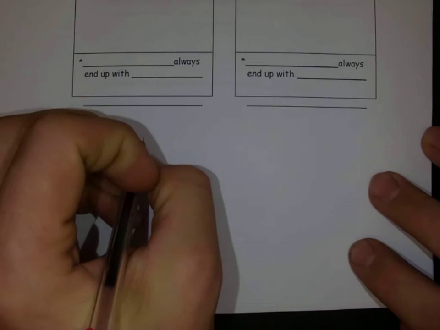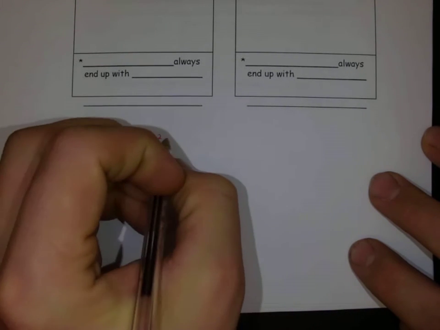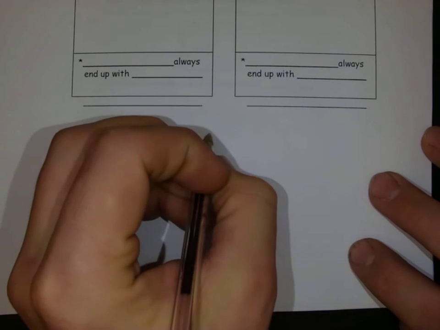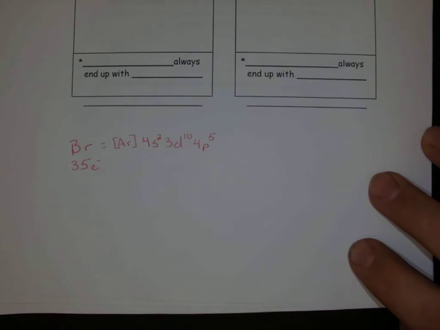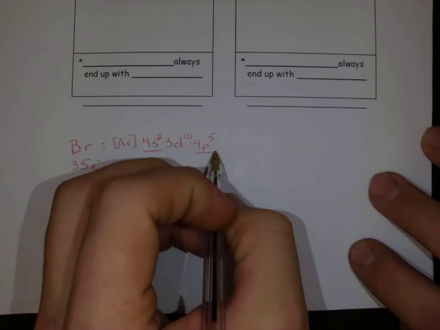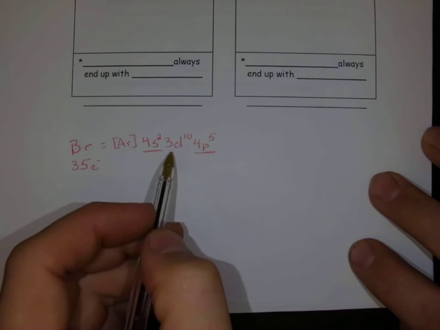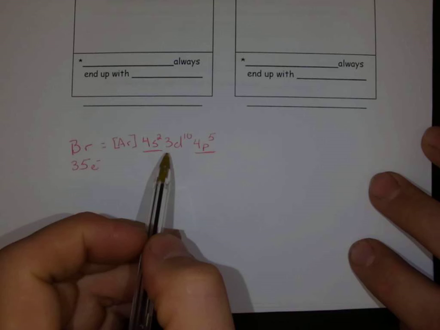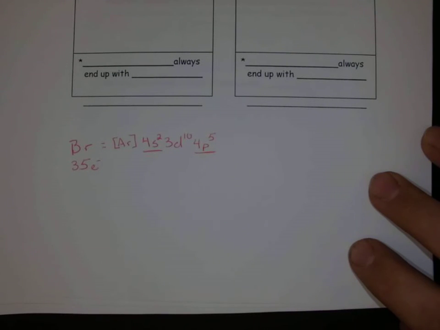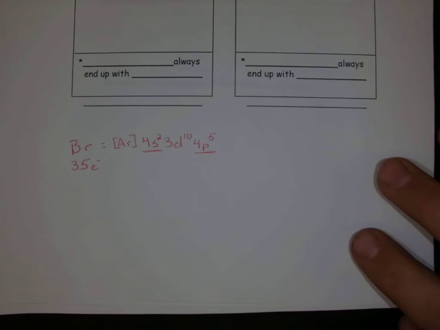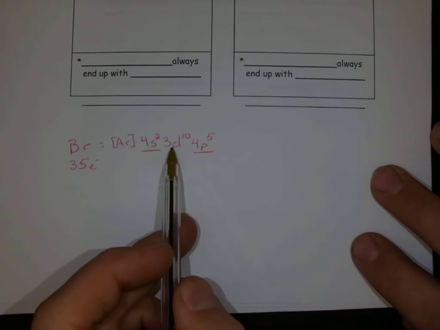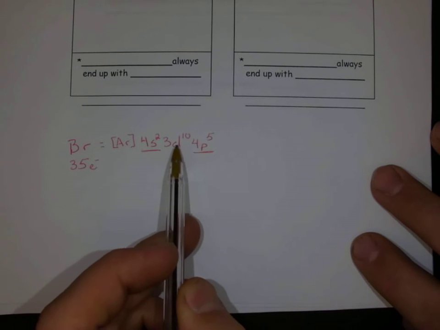I have the 4s2, the 3d10, and then the 4p5. So my valence electrons are my electrons in the 4th energy level. The 3d10 electrons, we say that this orbital is higher in energy than the s orbital, but in reality, it gets more complicated than that. So we can ignore that and say these are lower energy level.